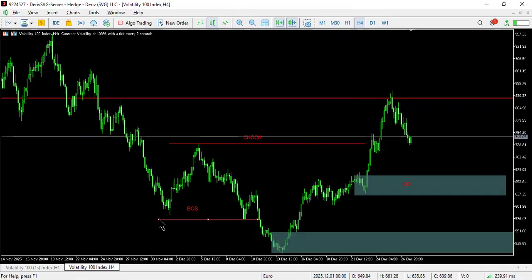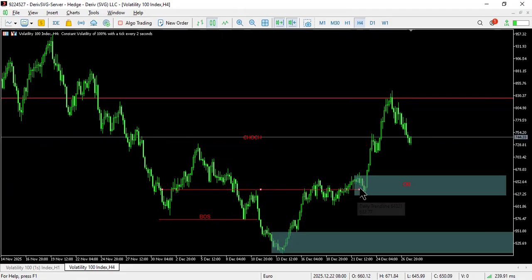We are just adjusting our order block, our break of structure. And then the change of character from the 4 hours is going to be at that level. In the 4 hours, that is where the change of character happened, in the 4 hours time frame.